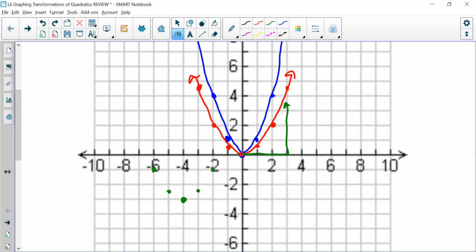Over 3 and up 4.5. Same exact parabola as our final product. Questions on that graph?